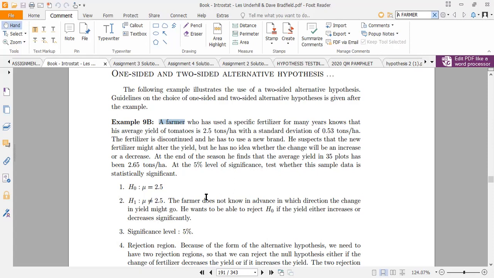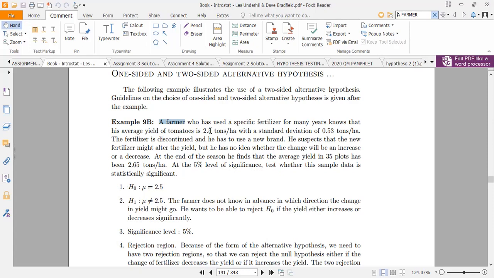Now, this question is pregnant with a lot of information that is vital. Number one, we've been given a historical mean 2.5. So this is called our mu. It is a historical mean.